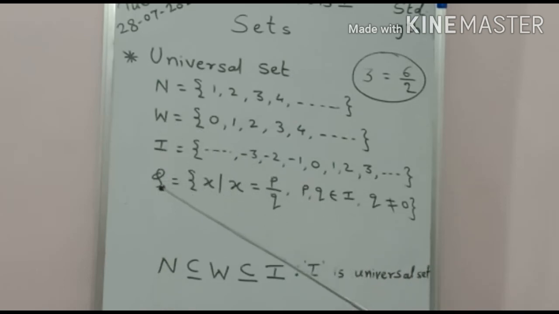Integers are also in rational numbers, and the decimal numbers, recurring and non-recurring, are also rational numbers.